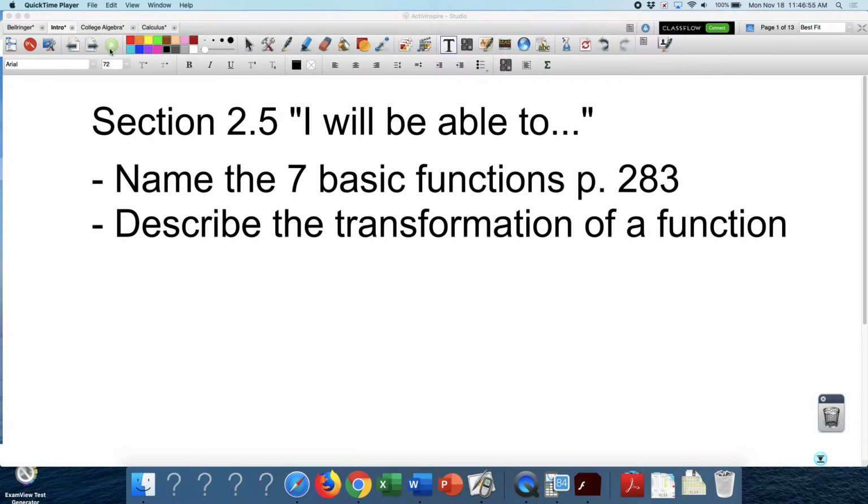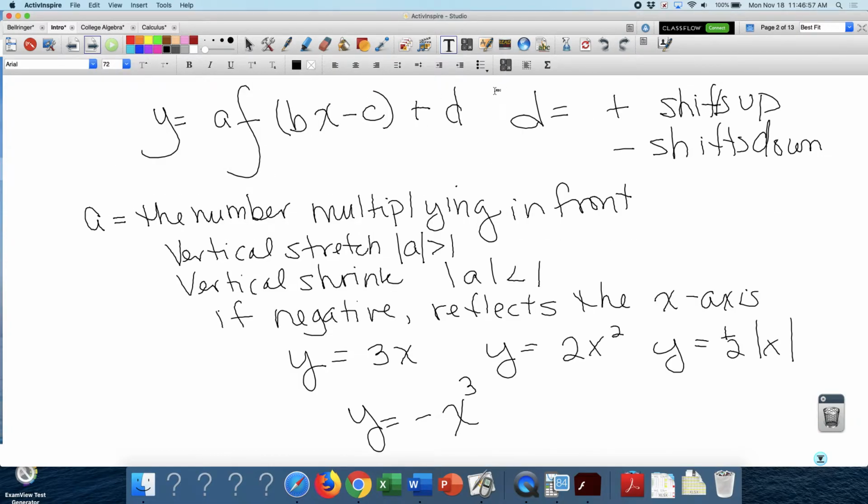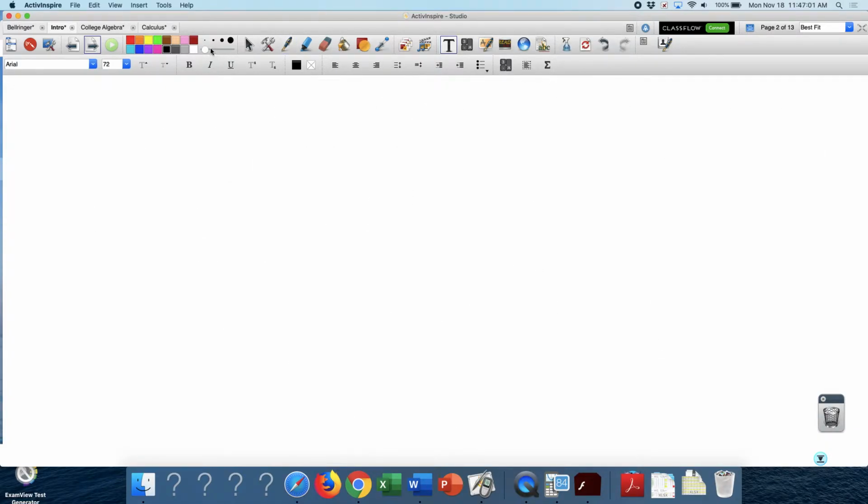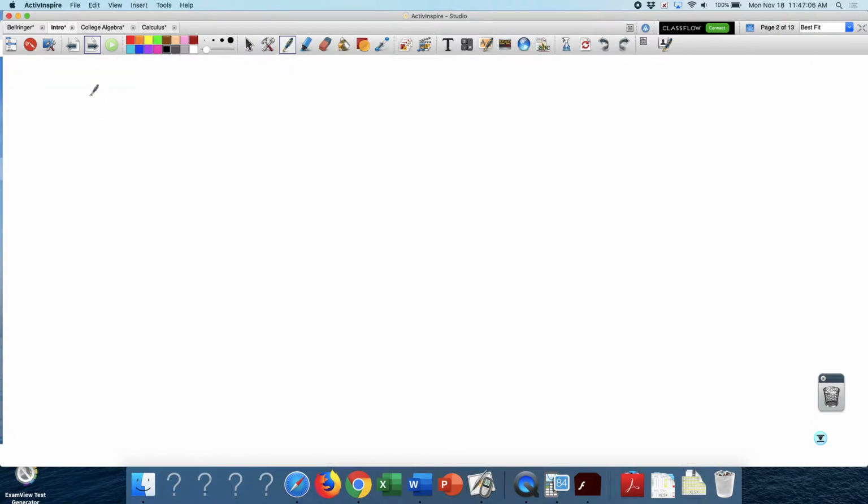Okay, let's talk about the 7 basic functions. Now, I'm going to give you these exact graphs. The first one you ought to know.